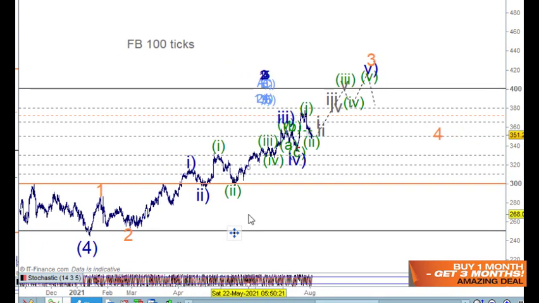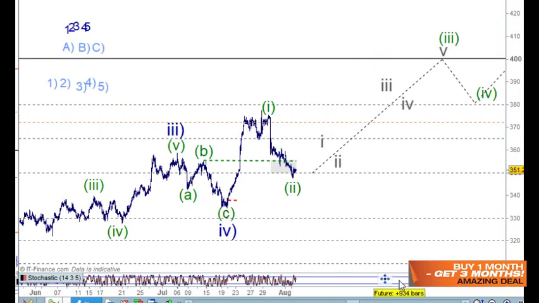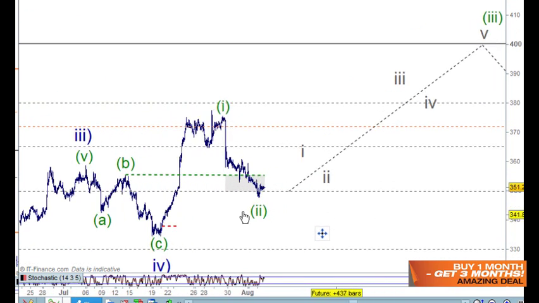So yeah, anyway, it doesn't really matter at this stage. The main point here is that we should be just about finished now. We're at the 61.8% mark for this wave 2 here.